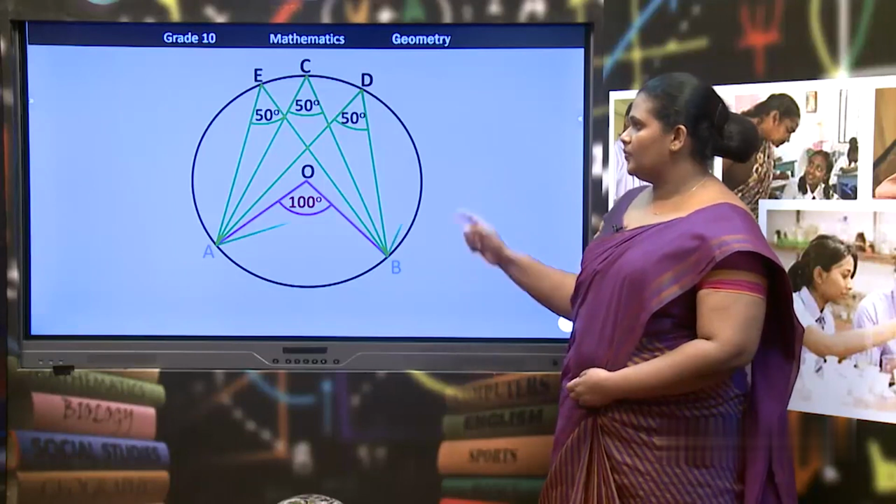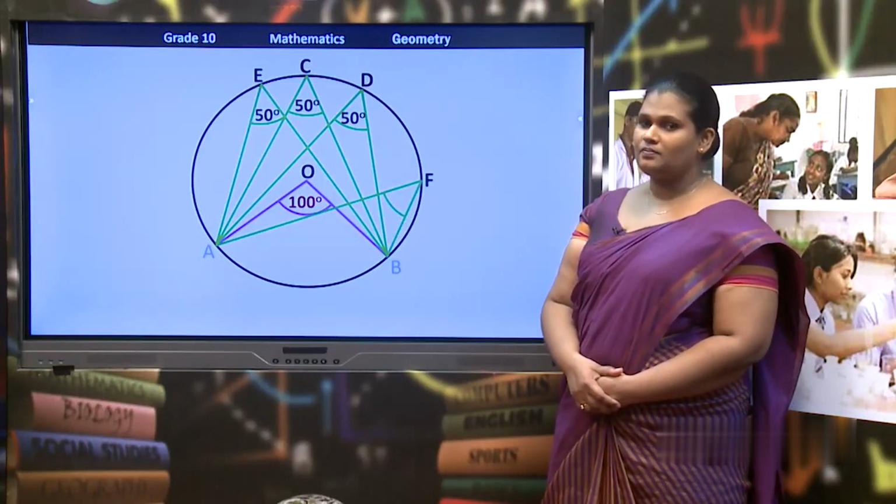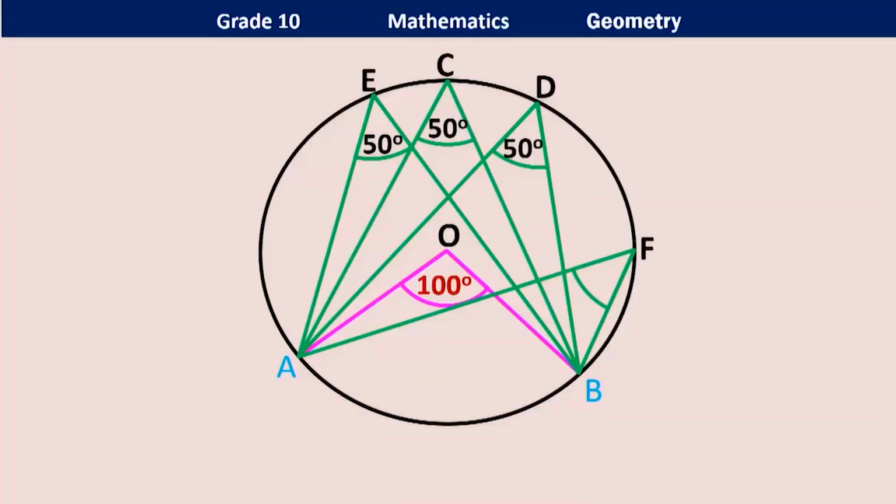Right. We will take another one, angle AFB. What can we say about the magnitude? Yes, once again that is equals to 50 degrees. Then what about this? This is angle AGB. Yes, once again that is equals to 50 degrees.